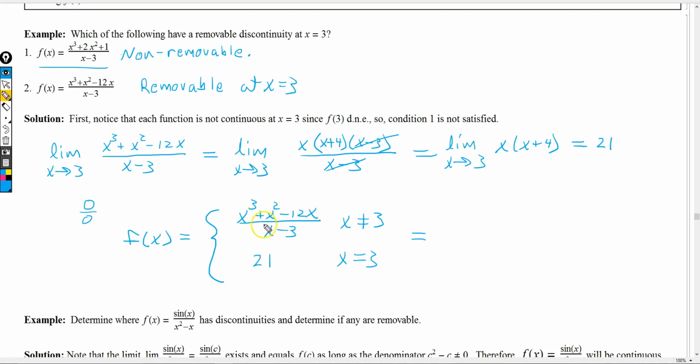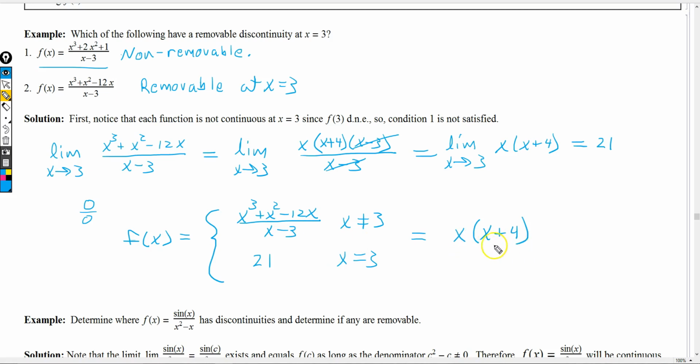Notice actually that this function is exactly the same as just x times x plus 4 everywhere. That's really what this function is. By filling in that little gap, the hole where this function is undefined when x is 3, we're just doing this, and then this is just equal to x times x plus 4.